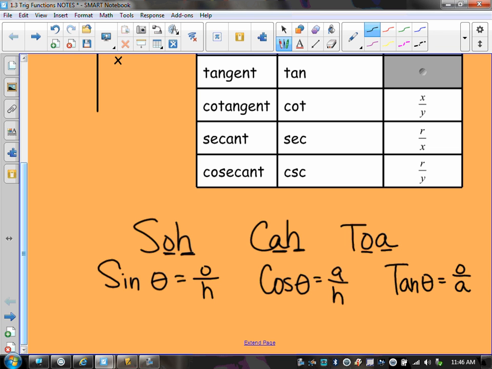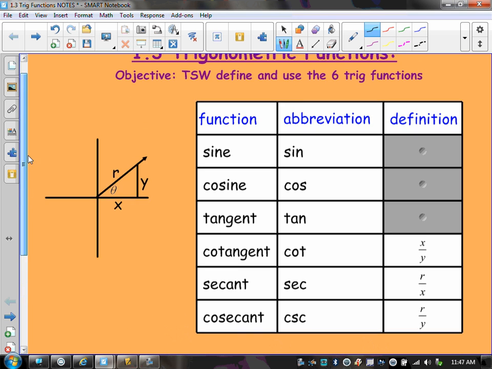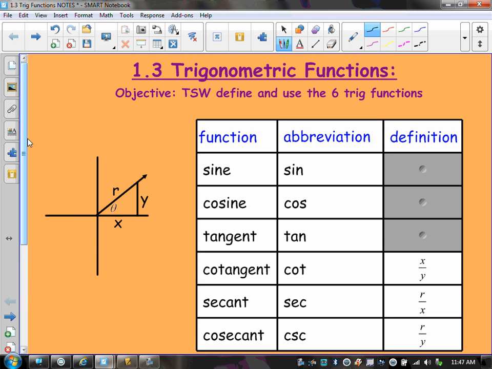Okay, SOHCAHTOA. If you can remember that from your geometry class, look over here at this angle in standard position. They've labeled the sides Y, X, and R. If I ask you for the sine of this angle, sine is opposite over hypotenuse.